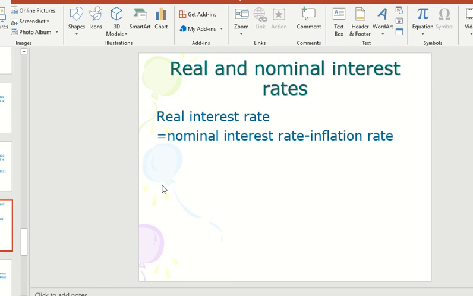You get to buy 1% less goods and services. So that's why many people, in the past 10 years or so, argue that there is no point putting money in your saving account because you're not growing money on money. In fact, you're losing money every day because of inflation.